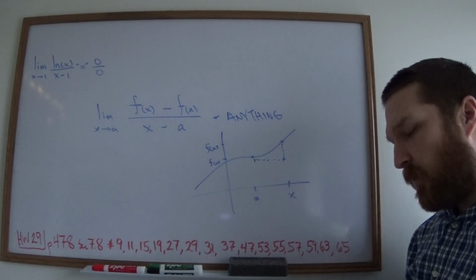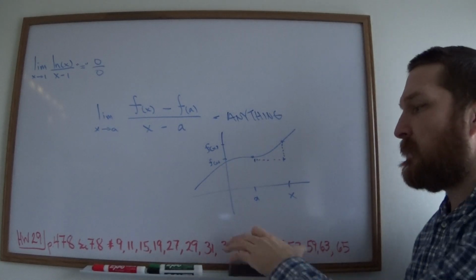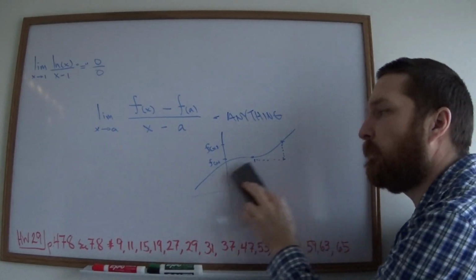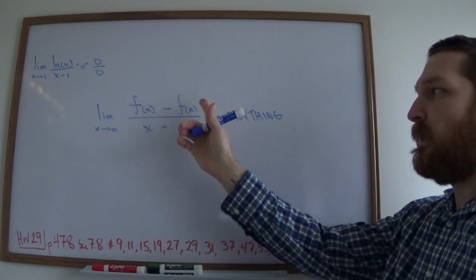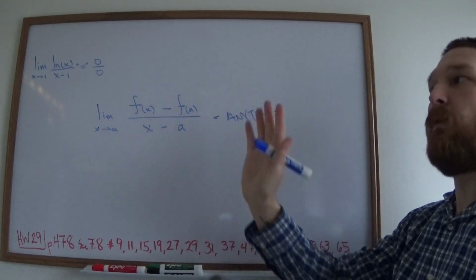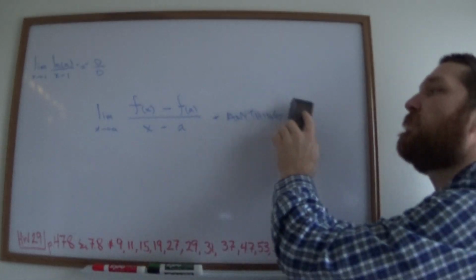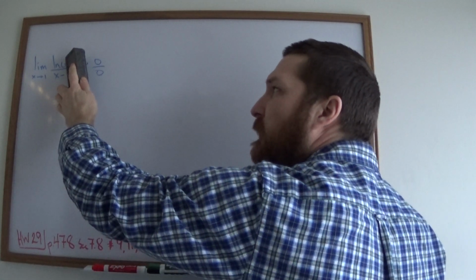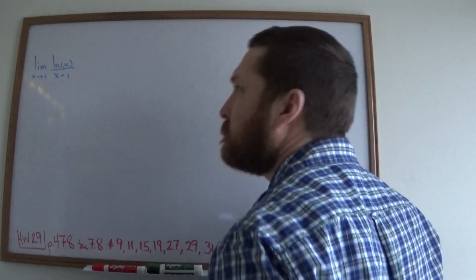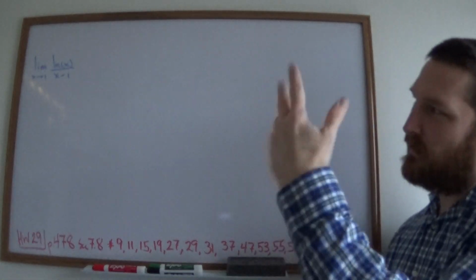But it's not so alien that we're completely in the dark. We've seen this before. A limit of something going to 0 over 0 usually requires some kind of finagling to make it work and figure out what's going on. Any ideas on how to finagle?